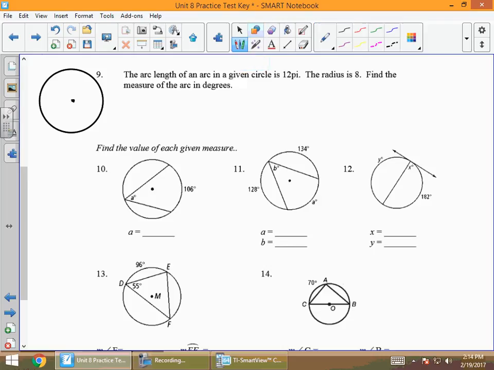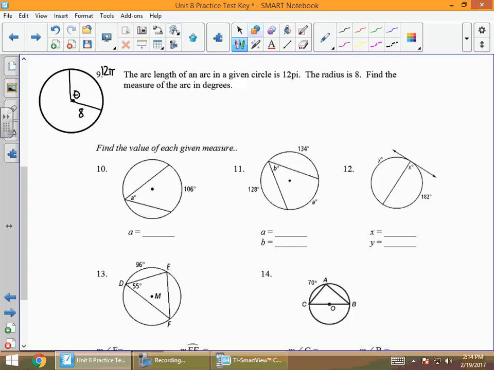Okay, it says the length of an arc is 12 pi, the radius is 8, and it wants us to find the measure of the arc. So the measure of the arc is going to equal the measure of the central angle. We know those two things are the same.